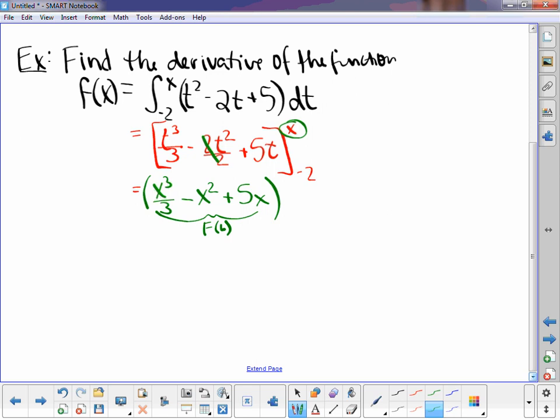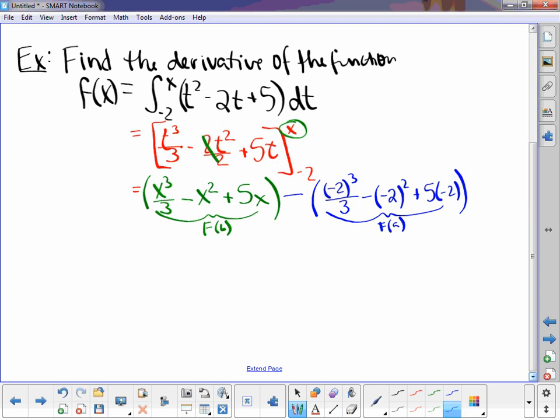I'm just taking that first one and putting it in. Minus, take negative 2 and put it in. Negative 2 cubed over 3 minus negative 2 squared plus 5 times negative 2. Okay, so I'm just doing my definite integral like I did before.